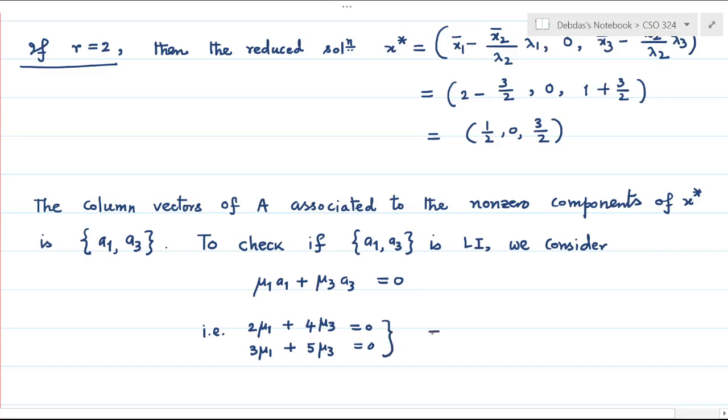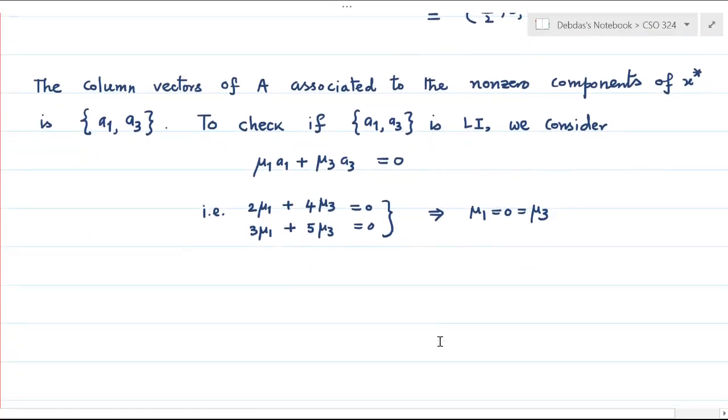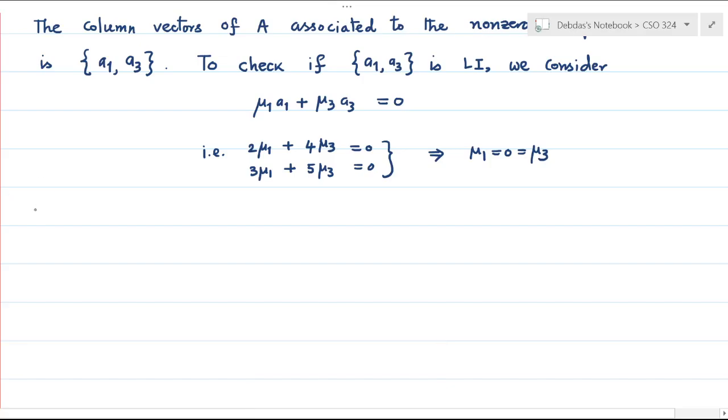From here you will find mu1 equals to 0 equals to mu3 is the only solution, and therefore A1, A3 is linearly independent, and hence x star is a basic feasible solution to the given system.